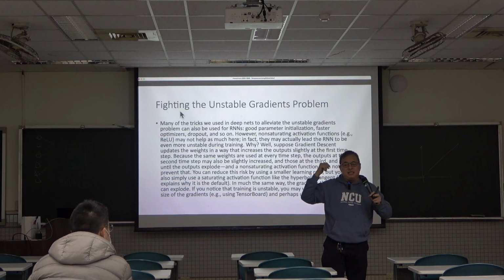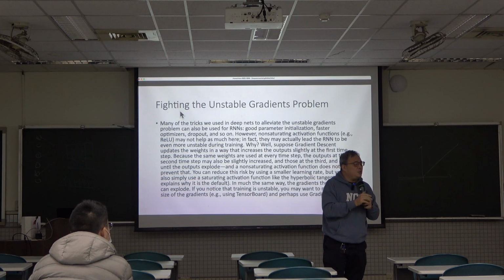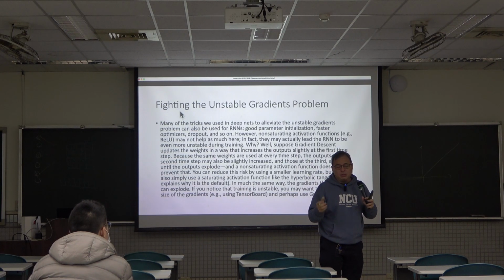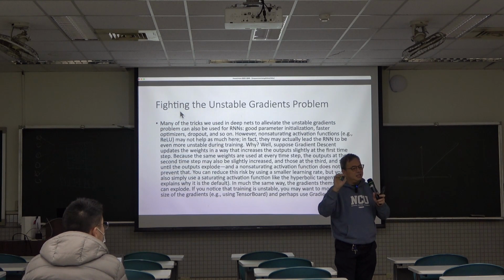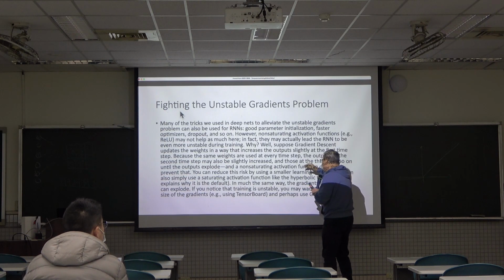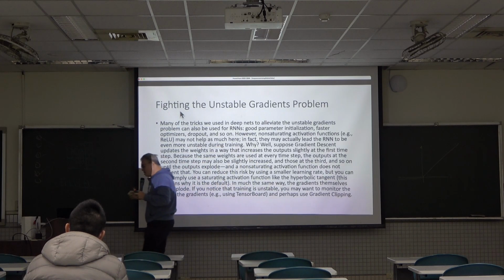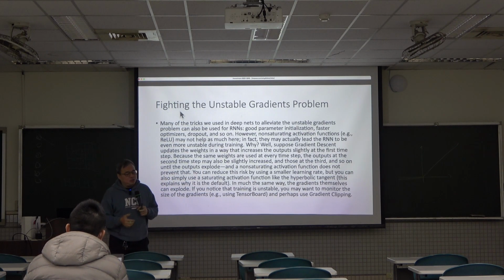But when we say unstable gradient in RNN, it normally refers to exploding gradient, especially in long sequence training, where the gradient or the result gets enlarged and enlarged and eventually explodes. For the vanishing gradient problem, we already know a lot of techniques to fight it, especially the ones we learned in chapter 11. They are still okay.